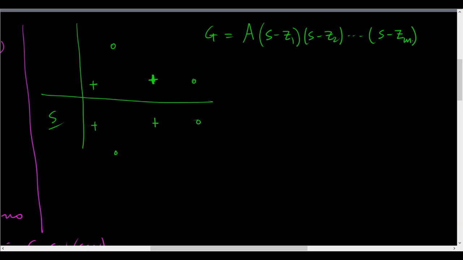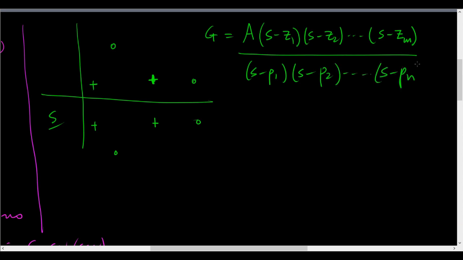So there are m zeros, divided by S minus P1, S minus P2, S minus Pn. So there are n poles. Okay, very good. Let us consider what happens when we encircle this 0.